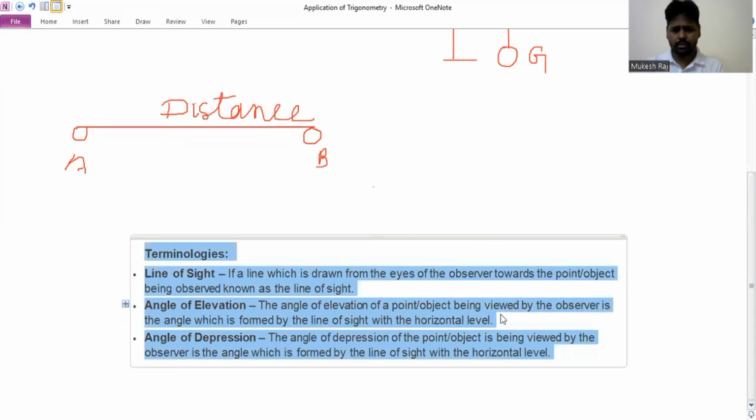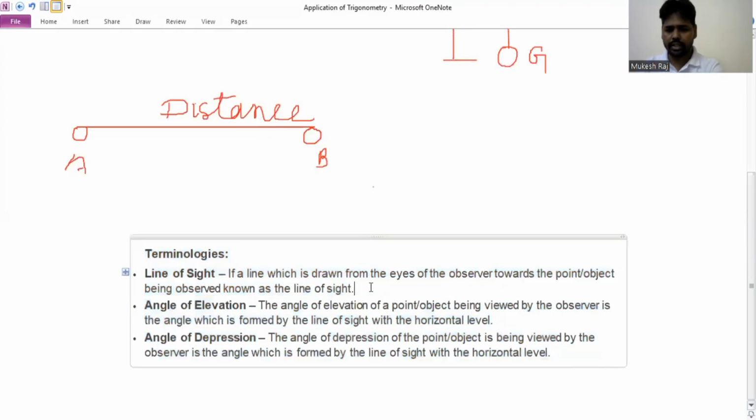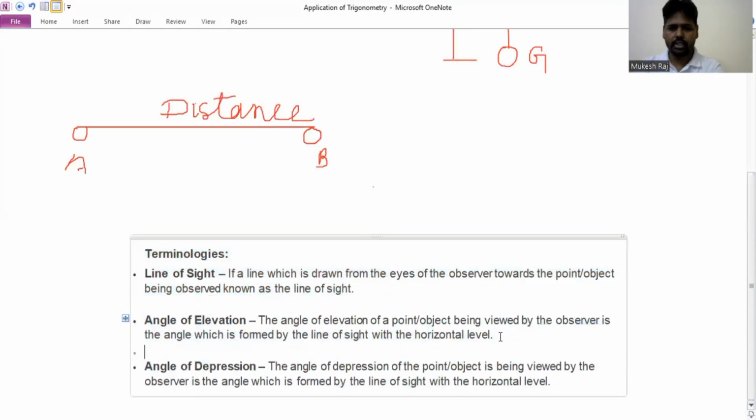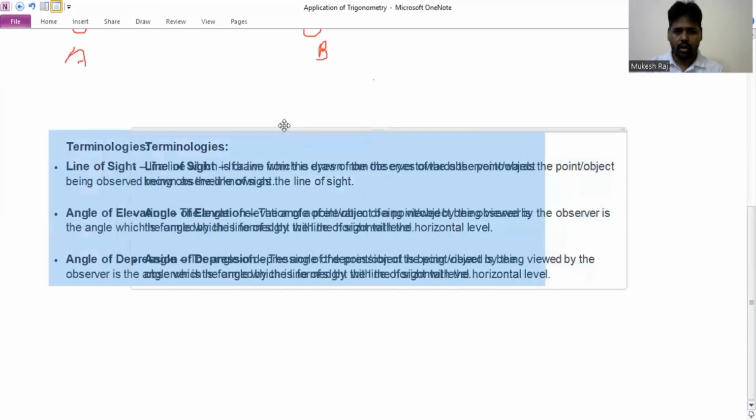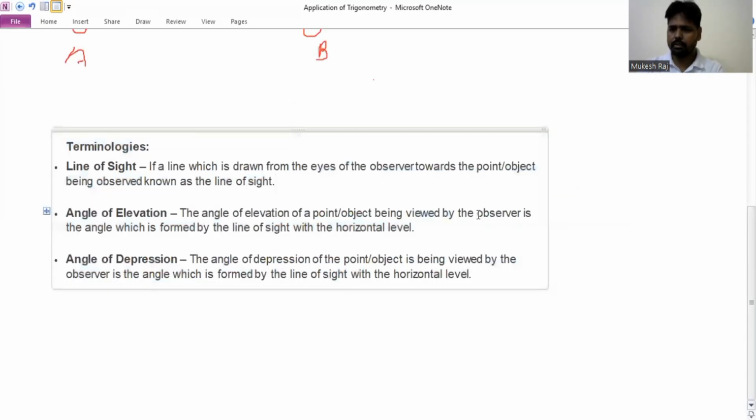The first is the line of sight, the second is the angle of elevation, and the third is the angle of depression. If we go through this theoretical portion alone, it becomes very difficult to identify, correlate and understand them, and even more difficult to implement.